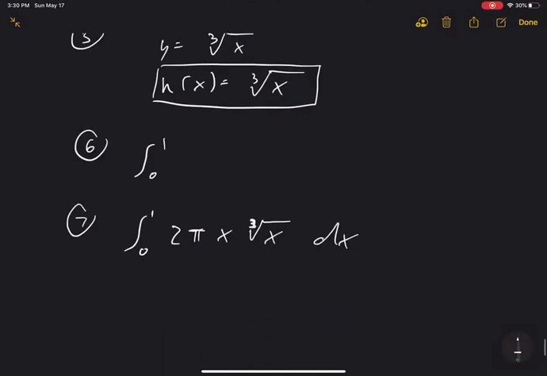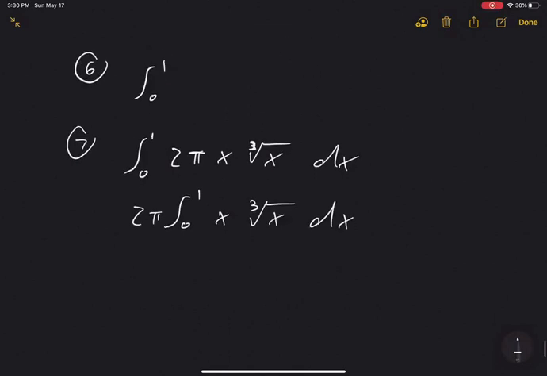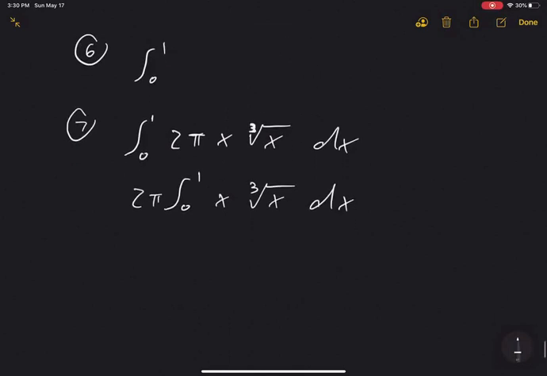Next, I just need to solve my integral, right? Well, the 2 pi is constant, so I can bring that outside. And then I have x times cube root of x. Don't overthink it, okay? What's cube root of x? How could I rewrite that? That's the same thing as x to the 1/3, right?